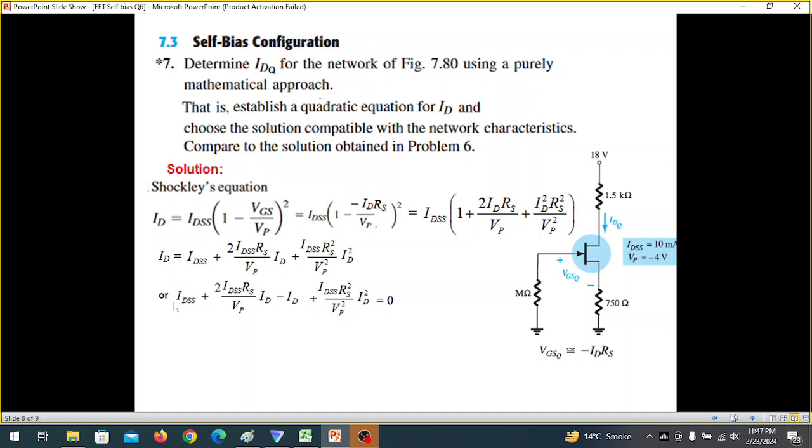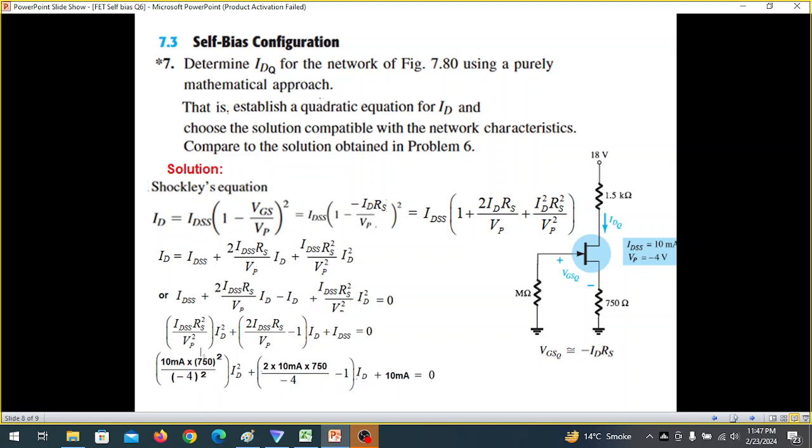Rearranging this, ID comes here. And taking common, this one is with ID square, and ID we take common from here. So this term is the ID and then IDSS. And now if we put the values, we know IDSS is 10 milliampere, RS is 750 ohm, VP is minus 4.